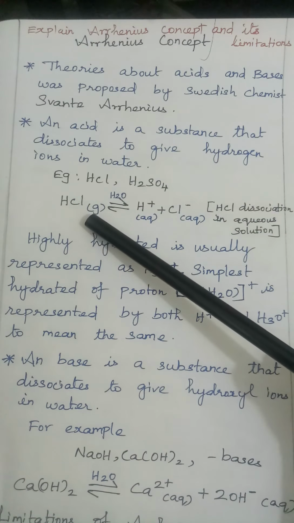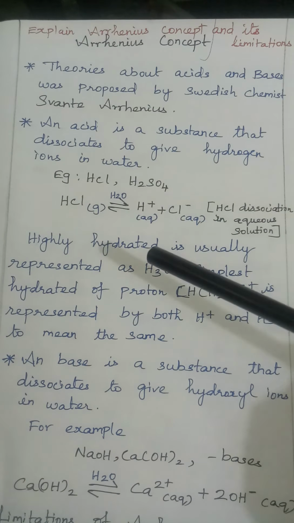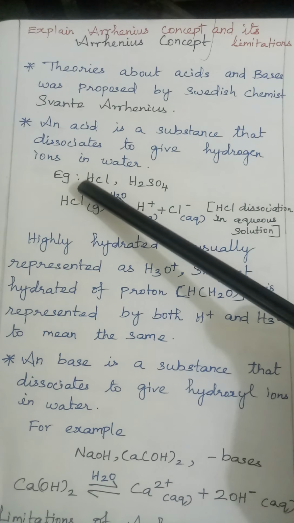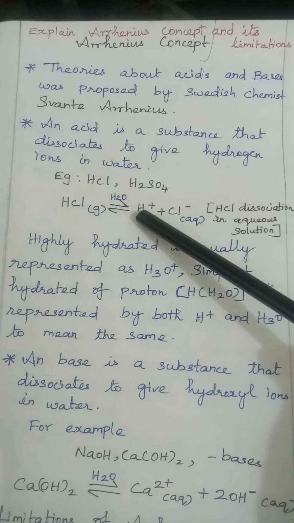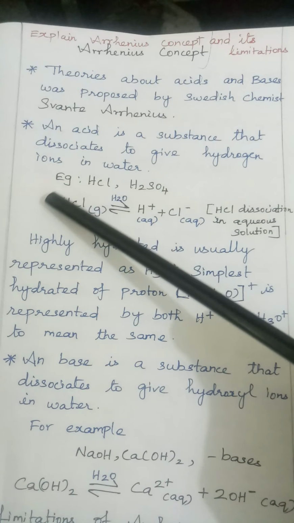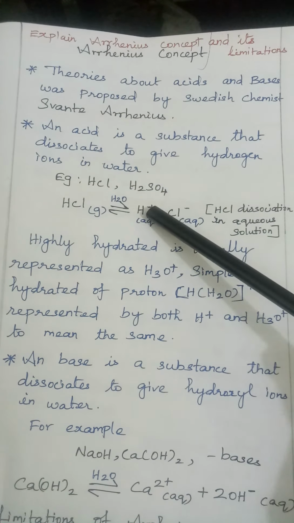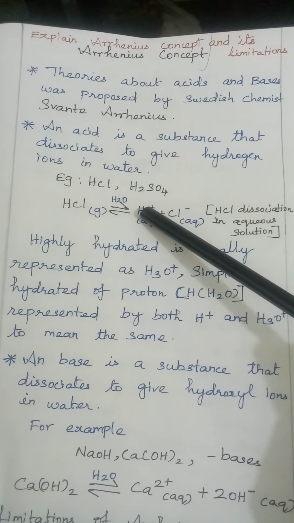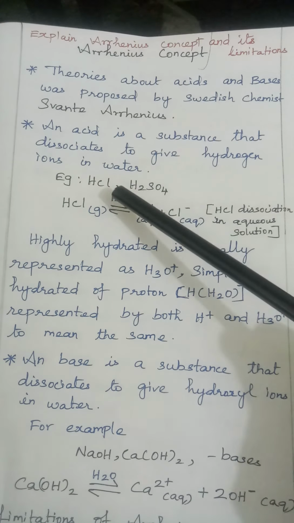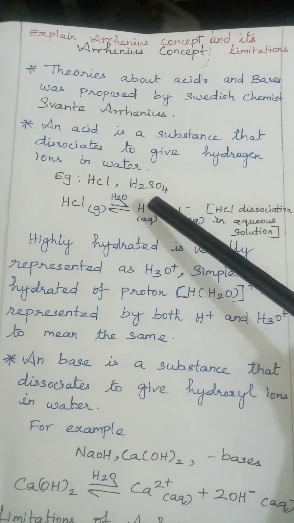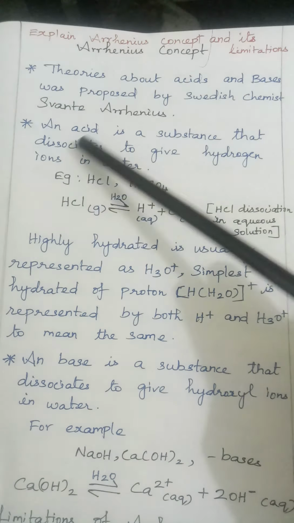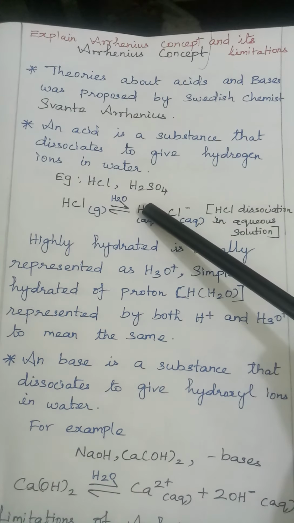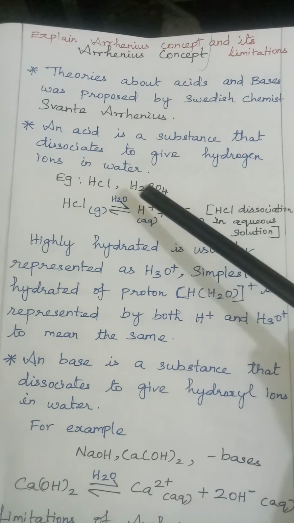What is meant by acid according to Arrhenius? For example, HCl is dissolved in water and produces H plus ion. So HCl dissociates into H plus ion and Cl minus ion in water. So it gives H plus ion. Acid is a substance that dissociates to give hydrogen ion in water.